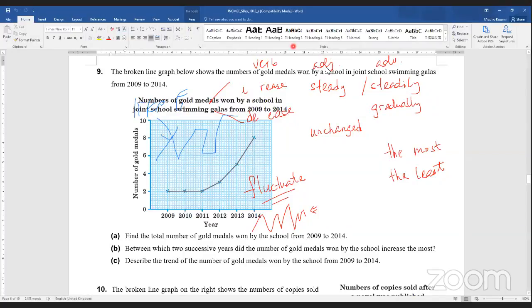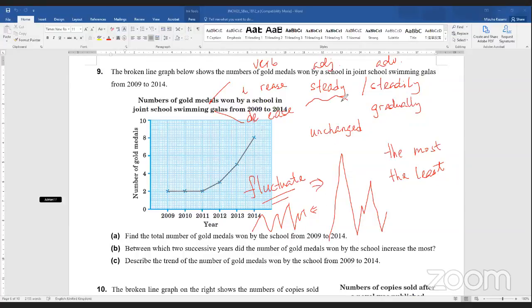Okay, steady means quite stable. Sometimes the change is not really fluctuate, but the change is not clear. But fluctuate maybe something like that. Then this is fluctuate. Okay, but if something like that, there may be a little increase or decrease, but we don't call it fluctuate. In this case, we may just call it quite steady, quite steady.